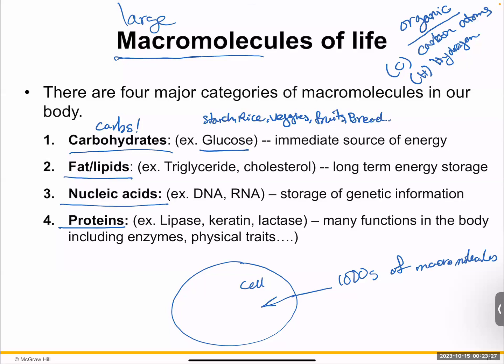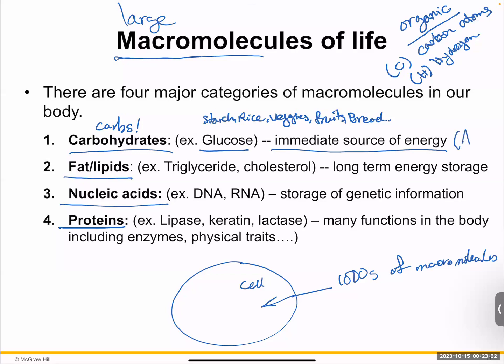And when we consume any of these, our body is going to digest it and break it down to glucose. And that glucose is basically what flows inside your body. It goes into your cells and is used as an immediate source of energy. So if your cell needs to do anything, it will use glucose and convert that to energy.